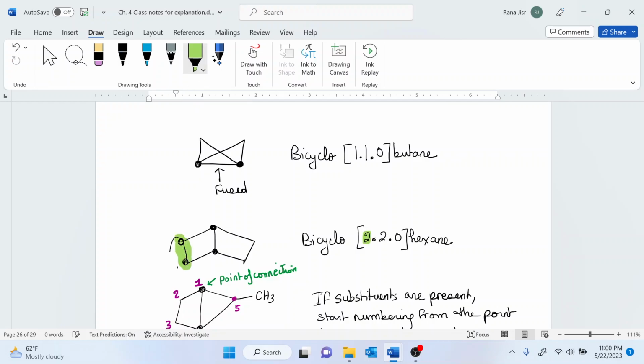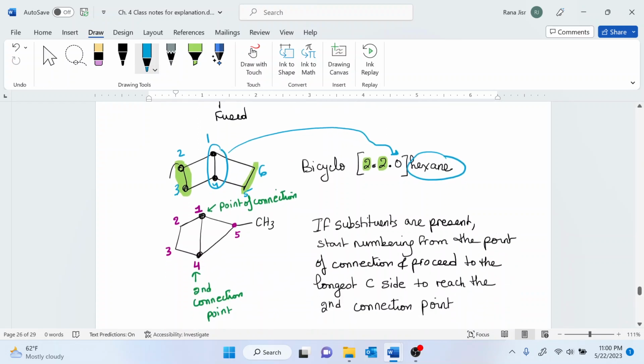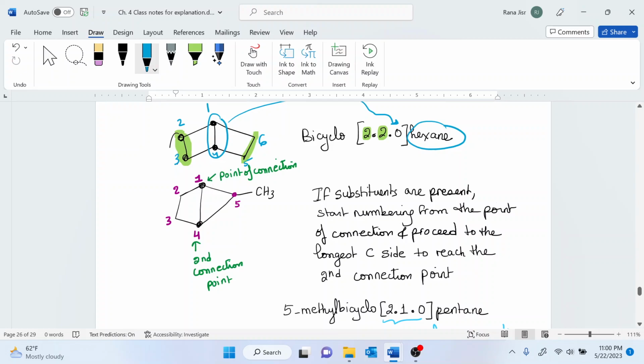So this is why I have a 2. I have 2 carbons on the other side here. This is why I have a 2. And in between these two I have zero carbons. This is why I have a zero in there. Start numbering. This is going to be 1, 2, 3. This is 4, this is 5, and this is 6. So this is why my total number of carbons is hexane.